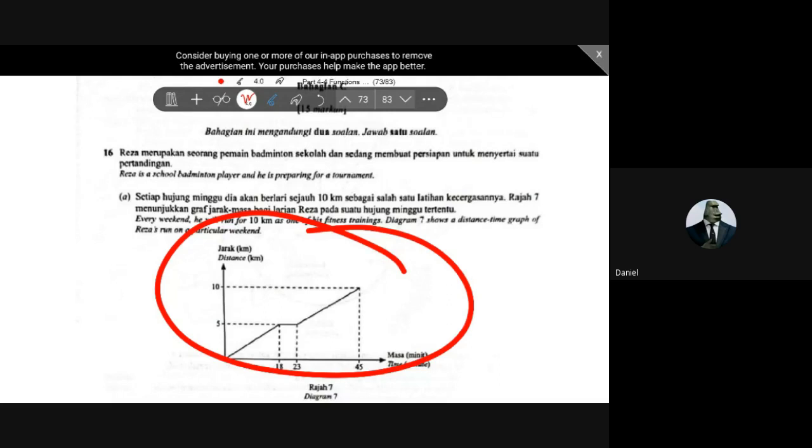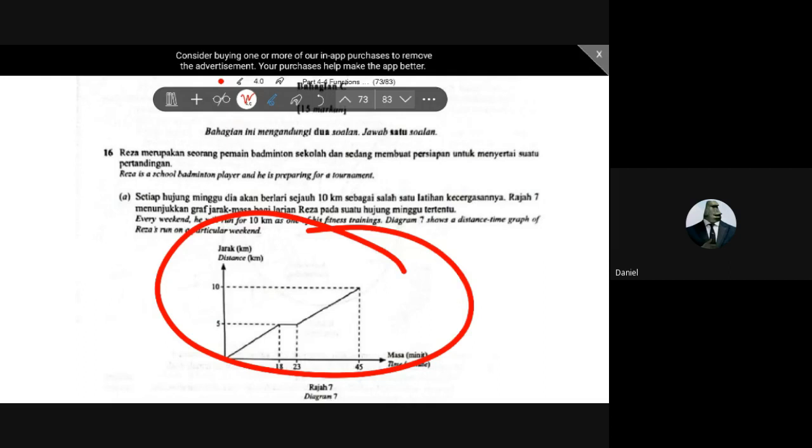I rasa semua familiar sangat dengan yang ni. Anyone take physics here? You all know better. Siapa-siapa ambil fizik, semua pro kat sini, boleh aplikasikan pengetahuan fizik kat sini. Yeah, sukatan serakan, that's what you call it, graph of motion. Oh yes, I want to answer this.